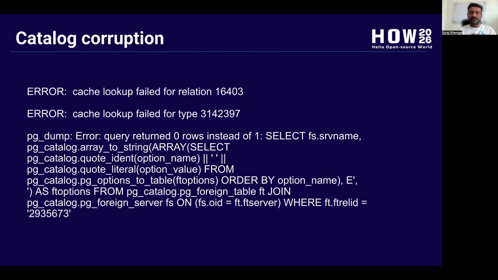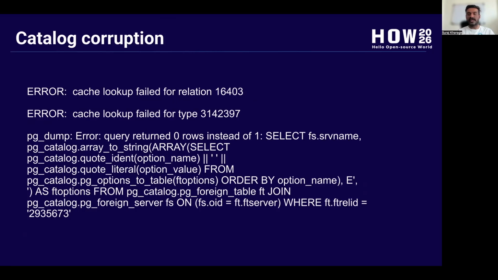I have listed a few examples here just to show what catalog corruption looks like. Users may experience these kinds of errors if there is catalog corruption. "Cache lookup failed" is the most common error, and if you hit that error, it means there is catalog corruption at your end.